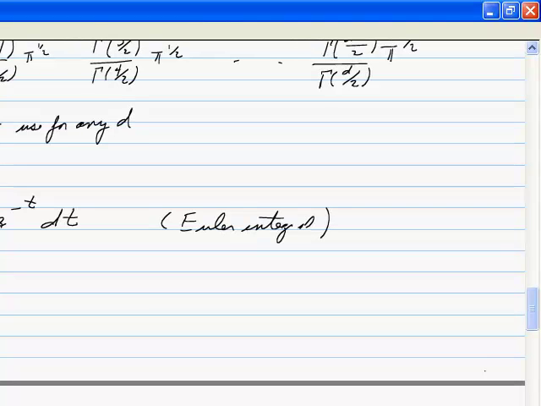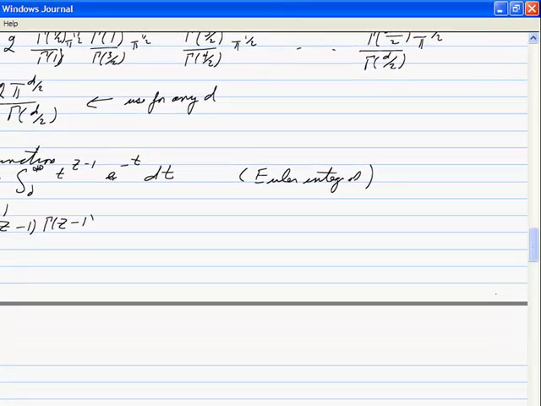But more to the point, for you the properties are interesting. Gamma of 1 is 1. Gamma of z is z minus 1 times gamma of z minus 1. So that's an identity.